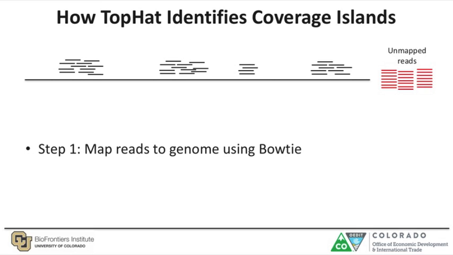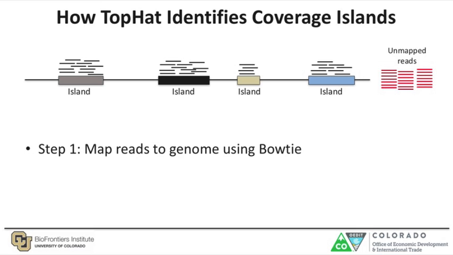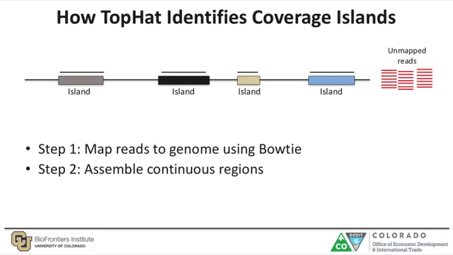Coverage islands are first identified during read alignment to the reference genome. During this step, what we often see are islands where reads are able to map along the genome. TopHat makes the assumption that these reads do not span splice junctions, but instead correspond to purely exonic sequences. TopHat then assembles these continuous regions into what it refers to as pseudo-consensus sequences.